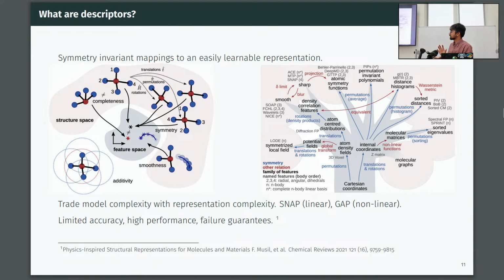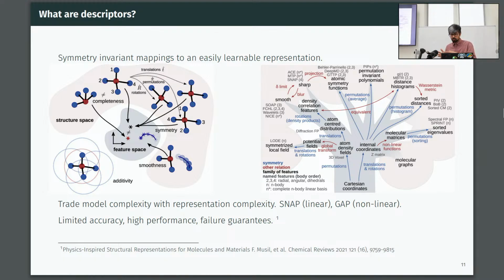So rotations, translations, or permutations, if you replace one hydrogen with the other, should not change the representation. It has to obey these symmetries. One additional requirement is smoothness: if I take one particular structure and perturb it slightly, the same should be reflected in its feature space. It should not suddenly be a completely different space.